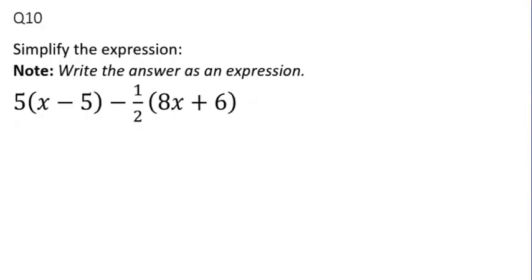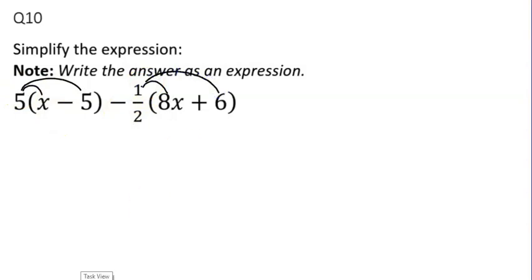Now we're going to do number 10. Another problem that is what? An algebraic expression. Now the variable is x. I have to try to use just those 2 methods, distributive and combine. I know that I can do distributive on both.